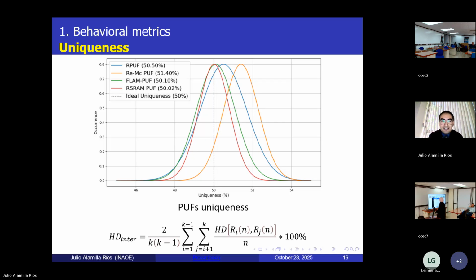If it is higher, the PUF can generate patterns and the architecture can be easily modelable. And if the uniqueness is lower than 50%, both PUFs are equal.